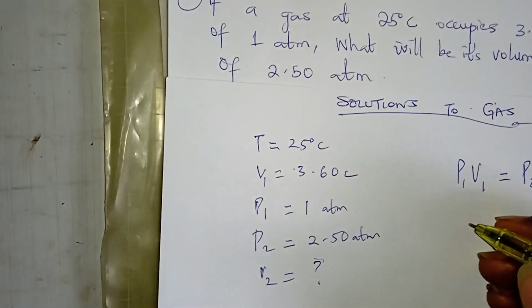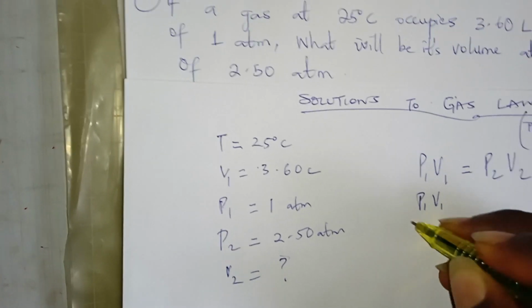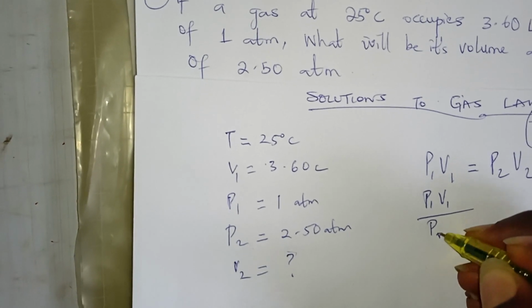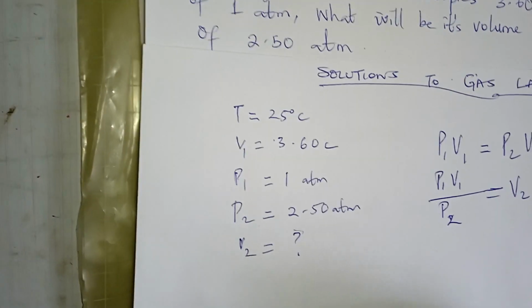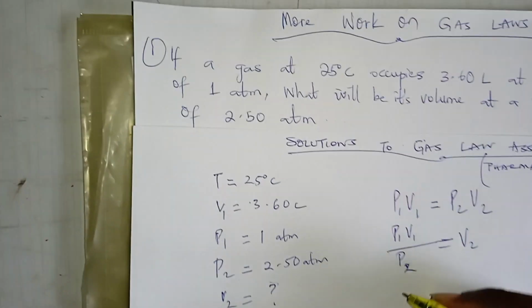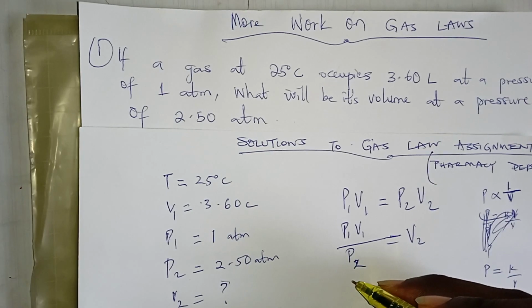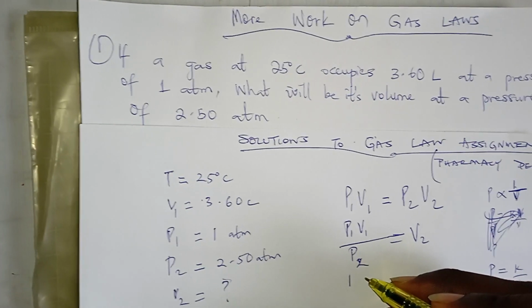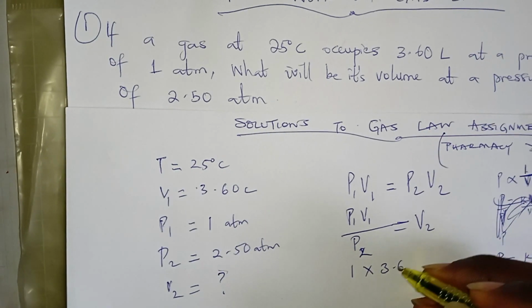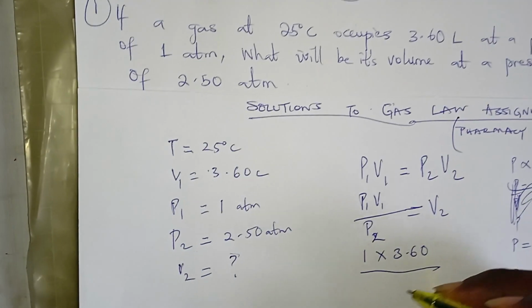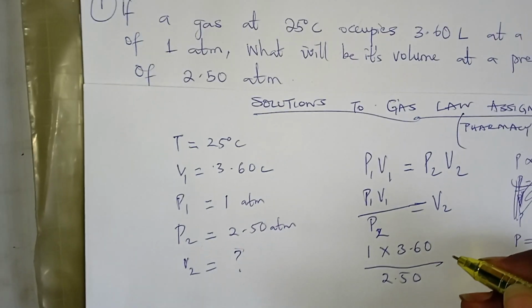So substituting to find V2, I'll now have that this is the same as P1 V1 all over P2 equals V2. So substituting the values, P1 is 1 atm, times V1 is 3.60 in liters, and P2 is 2.50 atm.